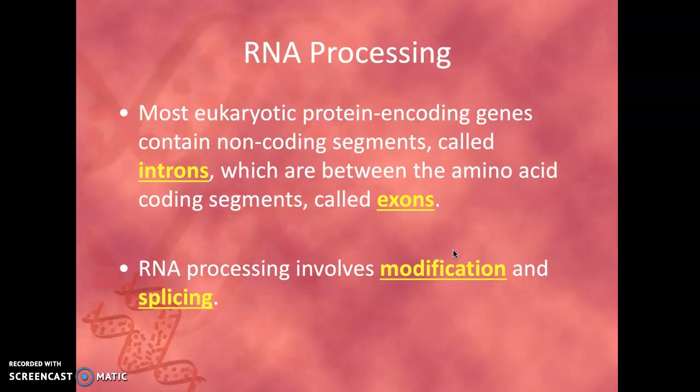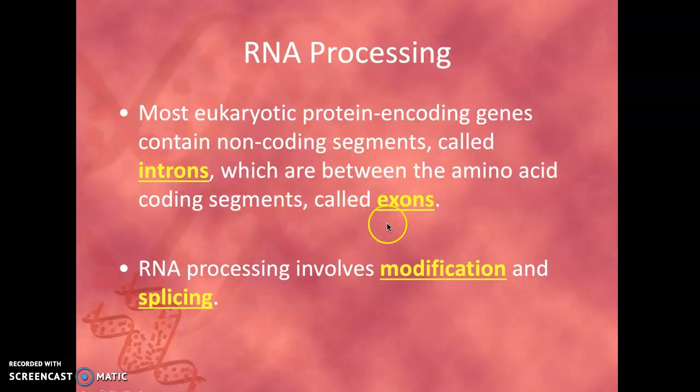What I didn't show you a while ago on that nice little picture showing the regions of the gene is that there are some coding segments and some non-coding segments. The non-coding segments are called introns, whereas the coding segments are called exons.